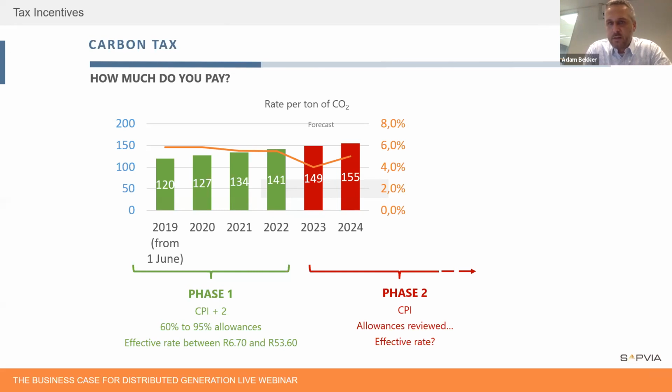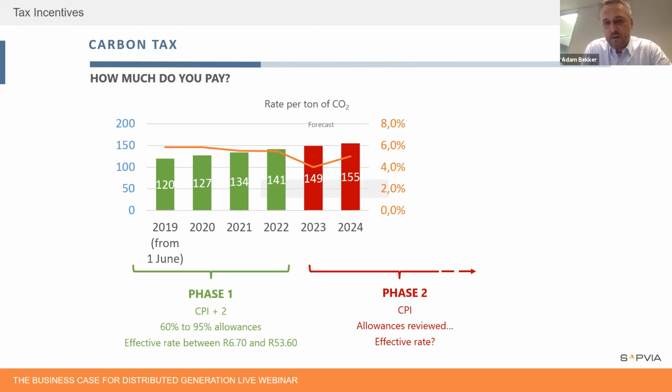What we expect that re-evaluation to mean is not that the rate will be reduced, but rather that some of the allowances and concessions available in phase one may well be phased out. In phase one, the tax started at 120 Rand per ton of CO2, and during phase one, that rate increases at CPI +2, but there are fairly significant allowances available against that.